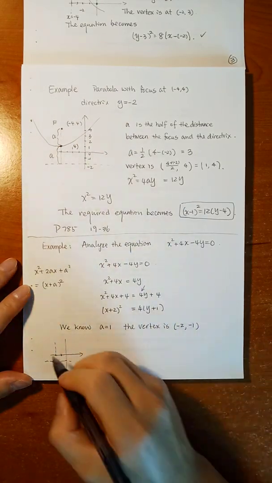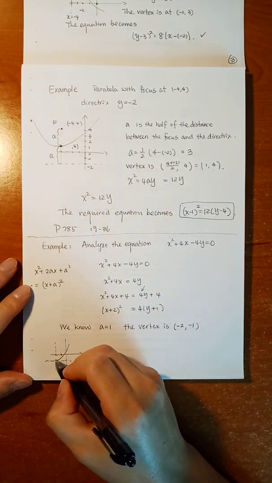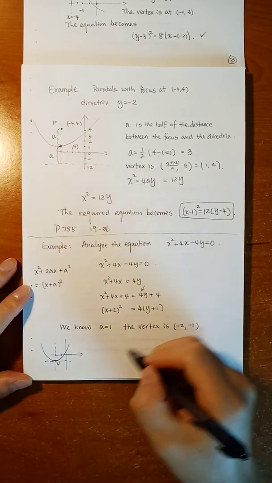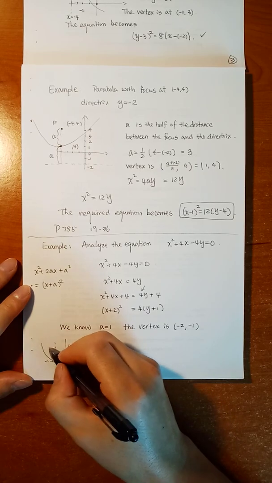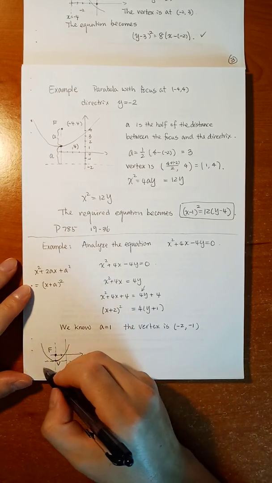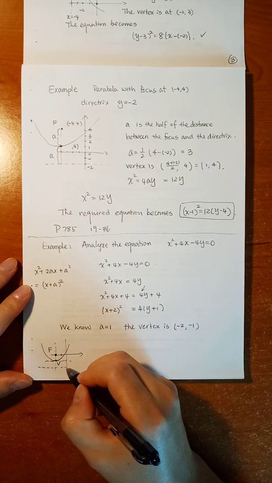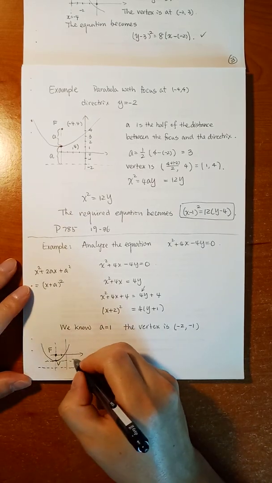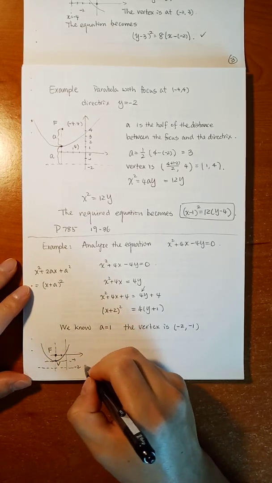A is 1, which means the distance between the vertex and the focus is 1. So here is the focus. This vertical distance is 1. The directrix has distance 1 going downward. So -1 minus 1 is -2, so y equal to -2.